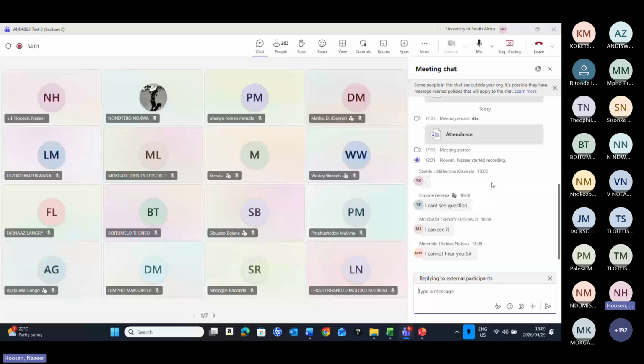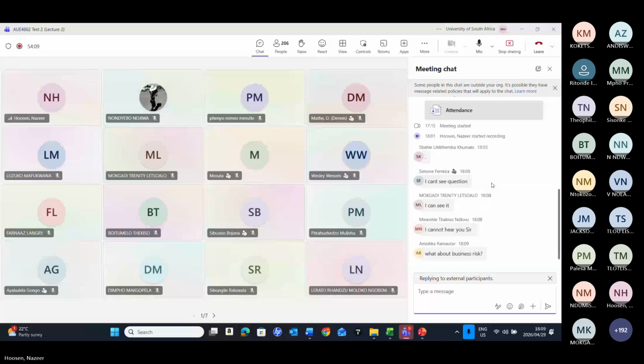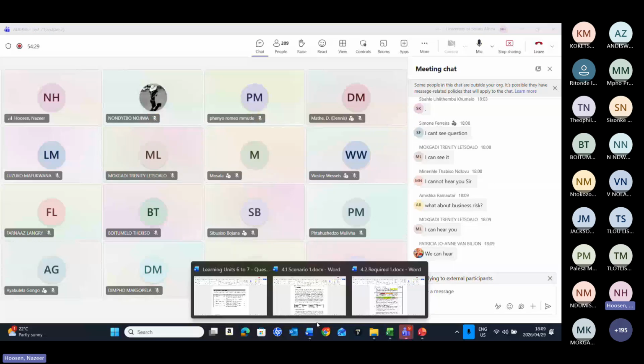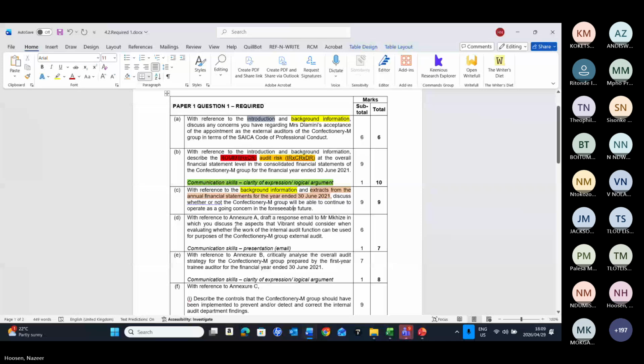Am I audible to the others? Yes. Okay, perfect. So perhaps zoom in a bit more into the question. I have it displayed as one page on the screen, so perhaps just zoom in a bit, and it probably would resolve that issue. But if you're still encountering challenges, please post in the chat again.